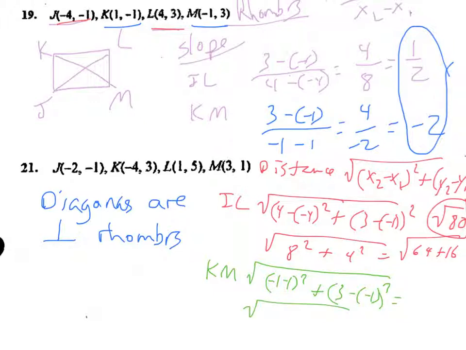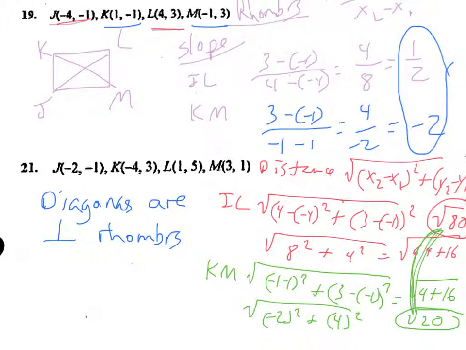And when I get negative 2 squared and I add it to 4 squared, that ends up giving me 4 plus 16, which is radical 20. Now there's the distance of that diagonal. Notice these two diagonals, they're not congruent.